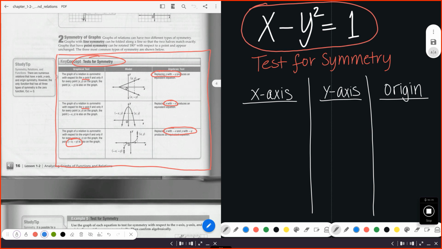Okay, so for the x-axis, my y will now equal negative y. For my y-axis, x is now going to equal negative x. And this one is going to be negative x and then negative y that we're going to use.